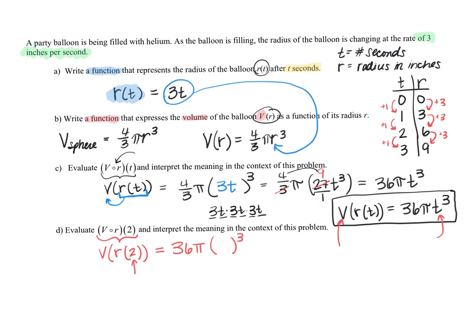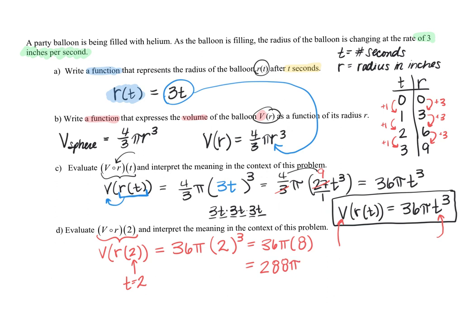And you can see here, this 2 here is saying that that's a time of 2 seconds. So we're going to input 2 for time. 2 cubed is 8. So that would be 36 pi times 8. And again, we'll leave this in exact form. 36 times 8 is 288. So we have a volume of 288 pi.